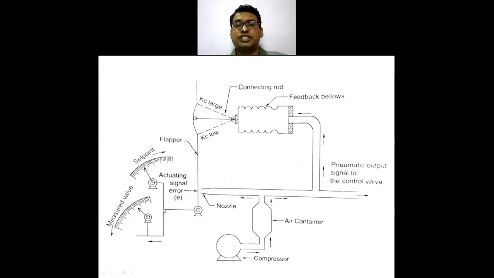From this it generates an error signal, and depending on this error signal, the flapper moves towards the nozzle or moves away from the nozzle. So this is the nozzle, and if I am going towards the nozzle, what will happen? The air going out from this nozzle will face a restriction because of this flapper.